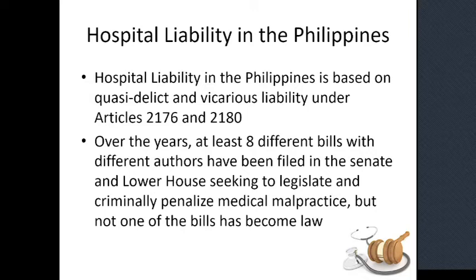You are at best an indirect contributor to the injury or to the cause of death of the patient. But even though you are not the direct agent, because you have vicarious liability, you can still be held liable under the law of the Philippines, especially under Articles 2176 and 2180 of your Civil Code.